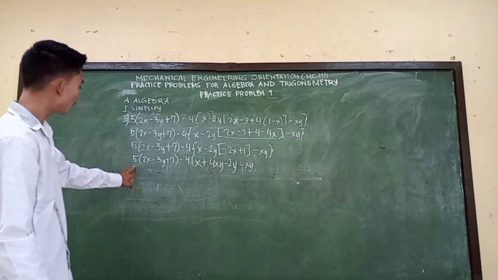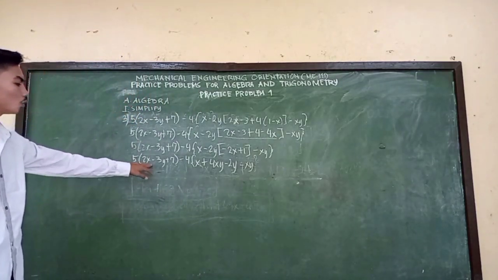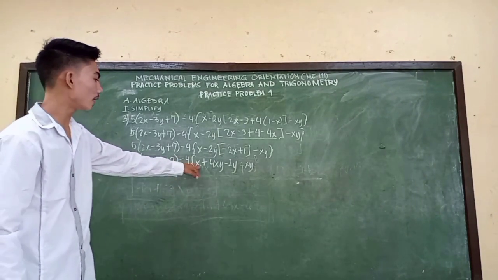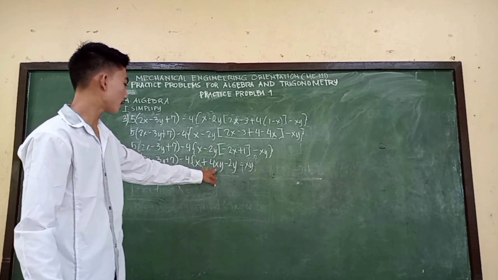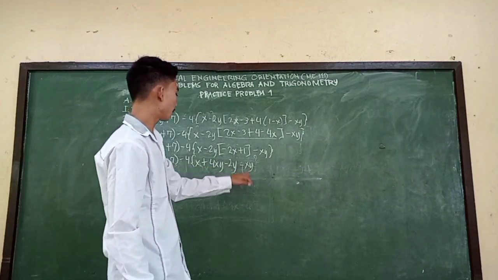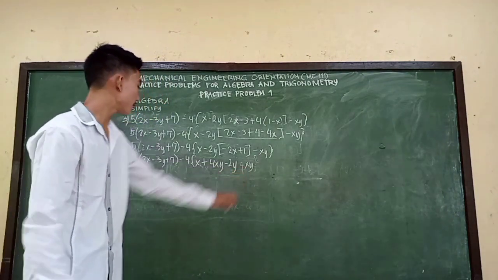Now, we can distribute 5 with 2x minus 3y plus 7 and this negative 4 with x plus 4xy minus 2y minus x.